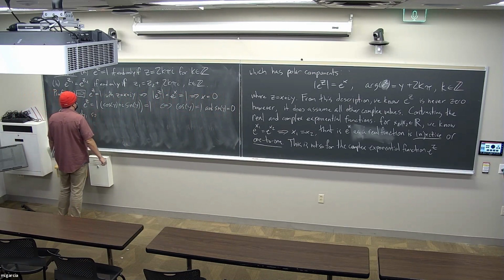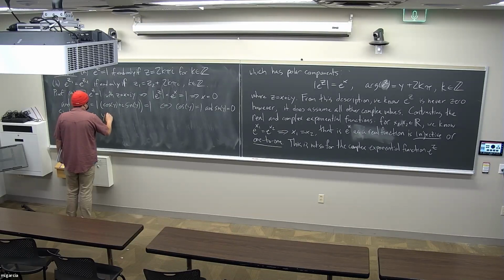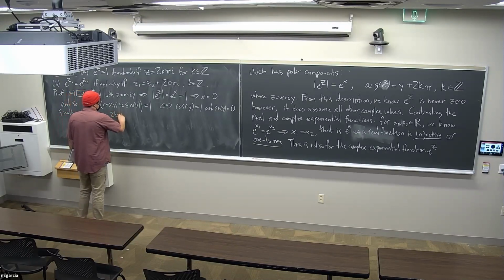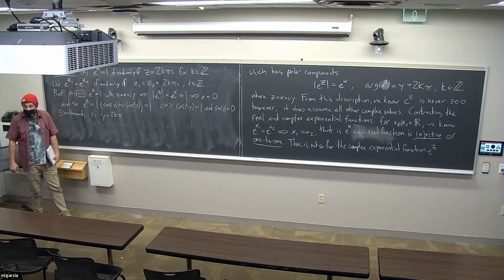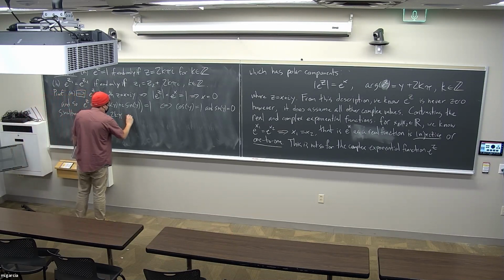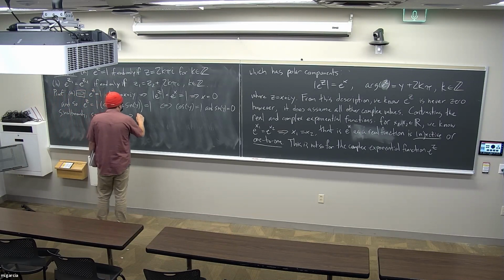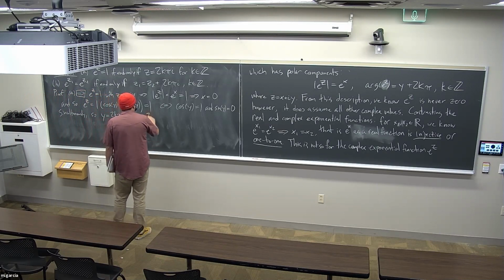So, what do we get? y is just equal to some integer multiple of 2 pi. So z is equal to 2k pi times i, right?